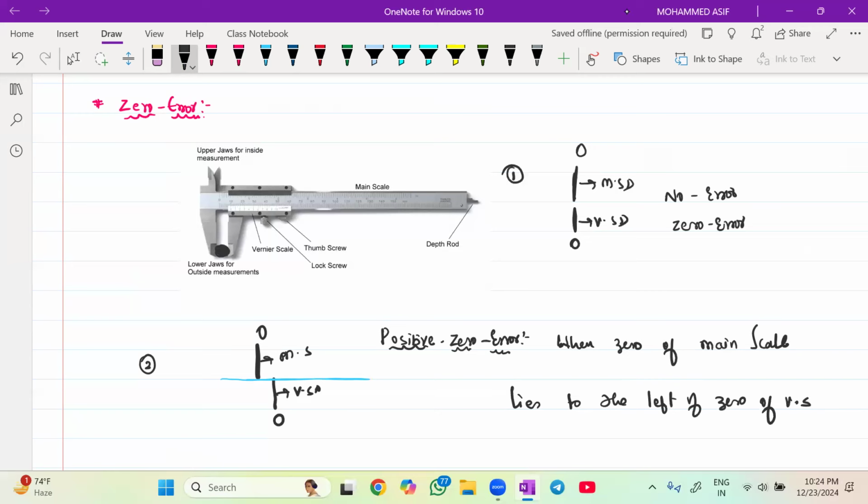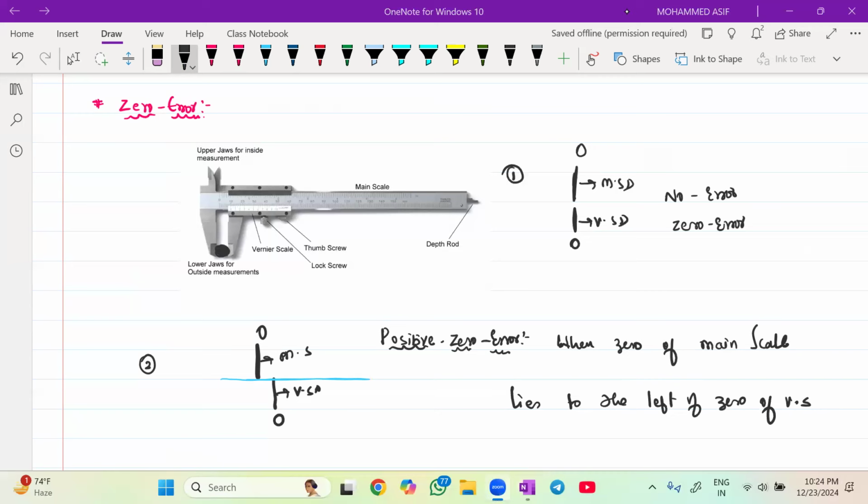Am I clear? When zero of your main scale lies to the left of zero of your Vernier scale. Now to the left of zero of Vernier scale, what is the reading you are able to see, beta? Zero only, na?